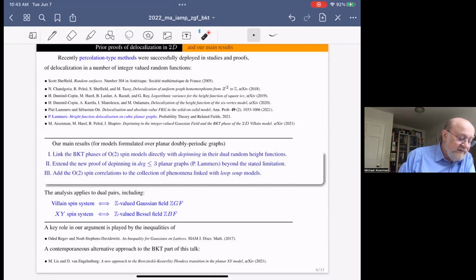For that, we use the new correlation inequalities which I mentioned before.